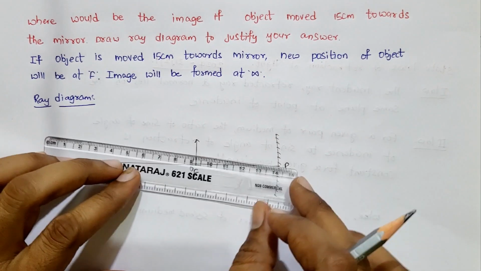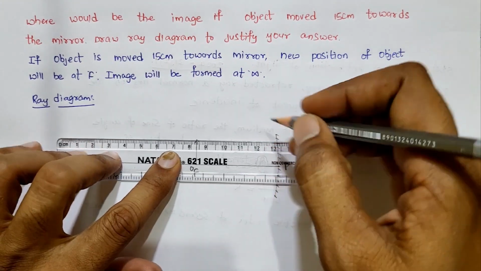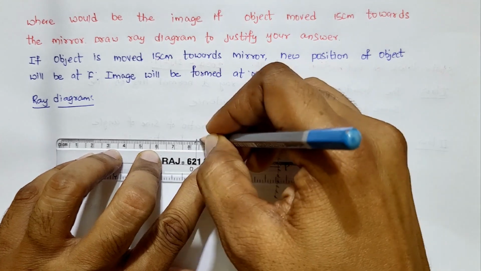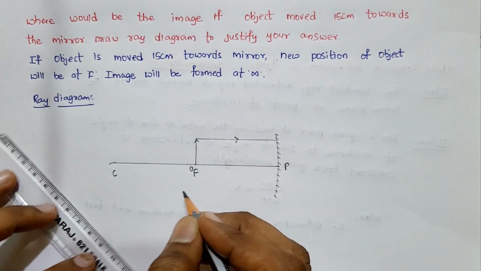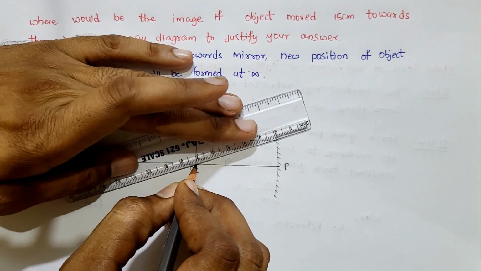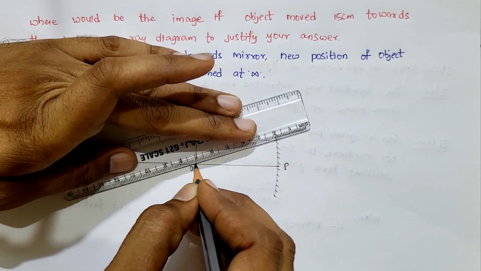Okay. Take one light ray parallel to principal axis. So, yes, one light ray have taken parallel to principal axis. After reflection, when incident light ray passes parallel to principal axis, the reflected light ray will pass through the focus.